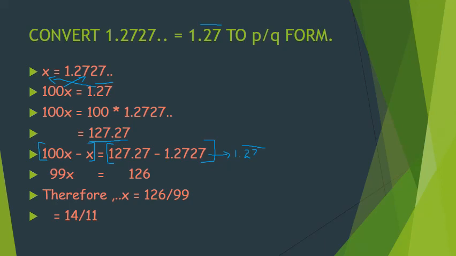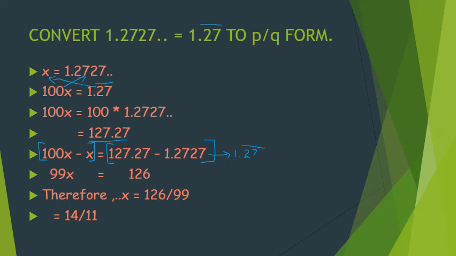How 126? In this decimal value, after the decimal point we have 2727 which gets repeated. Since they are like numbers, we can just cancel them off. And the remaining number is 127 minus 1, where the difference is 126.